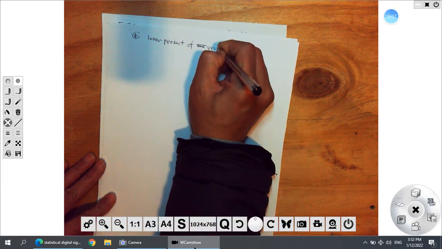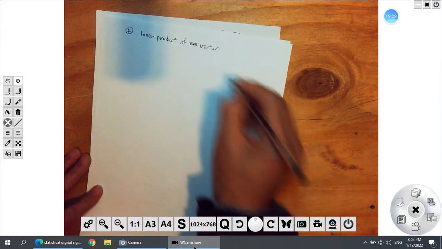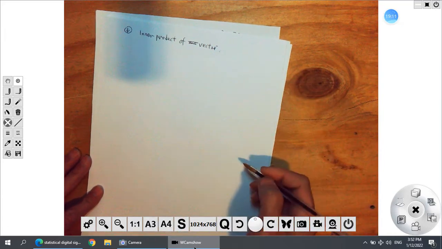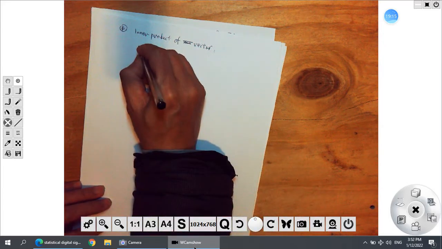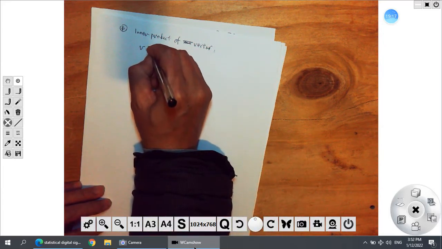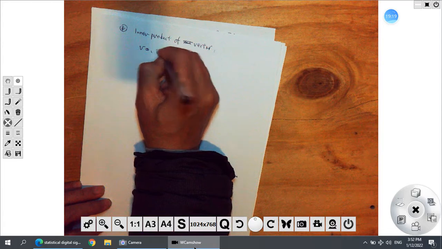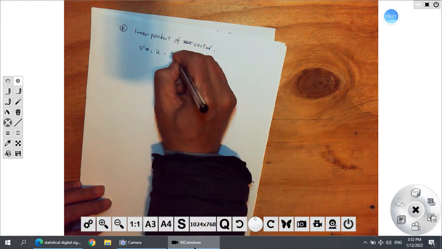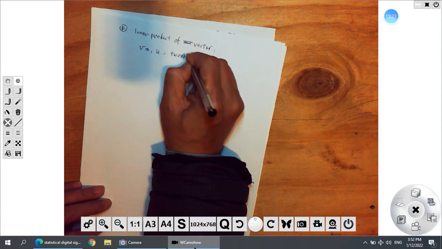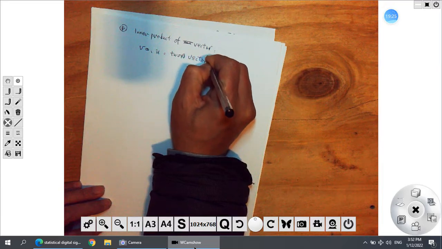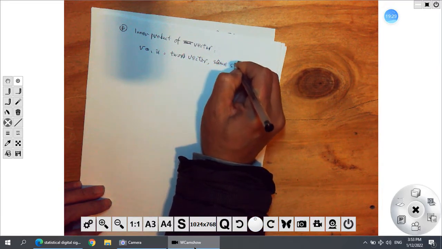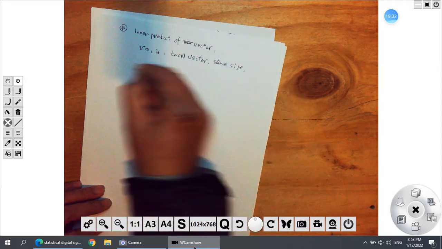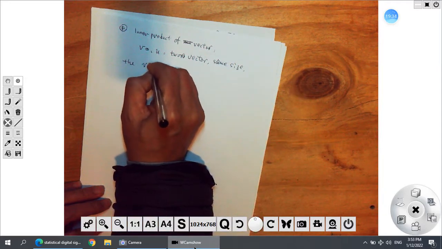This is just for vectors, not for matrices. We suppose 2 vectors, V and U, of the same size. Then V and U do inner product.